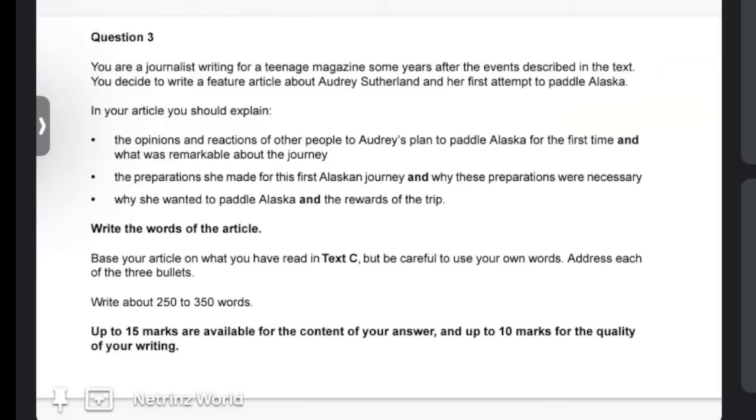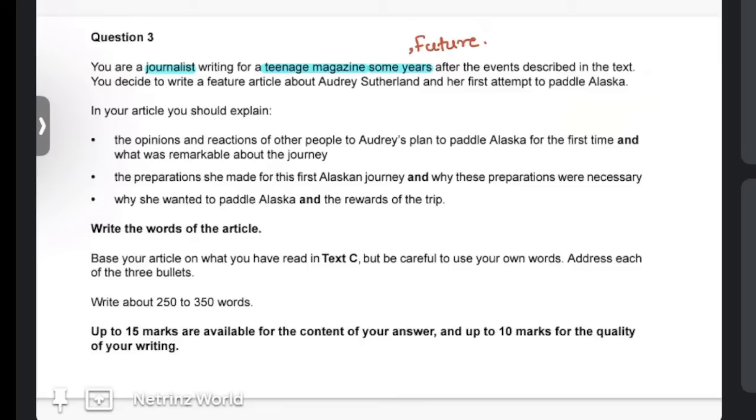Alright, so this is the question. Our question says that you are a journalist writing for a teenage magazine some years after the events described in the text. So you are writing in the future. That's what we get to know.